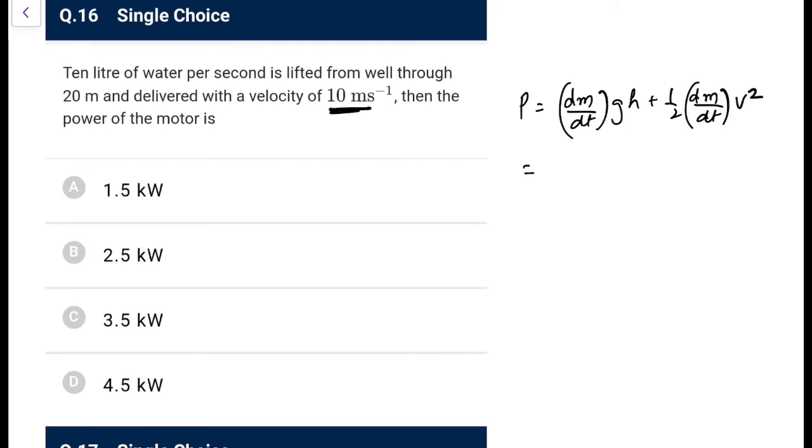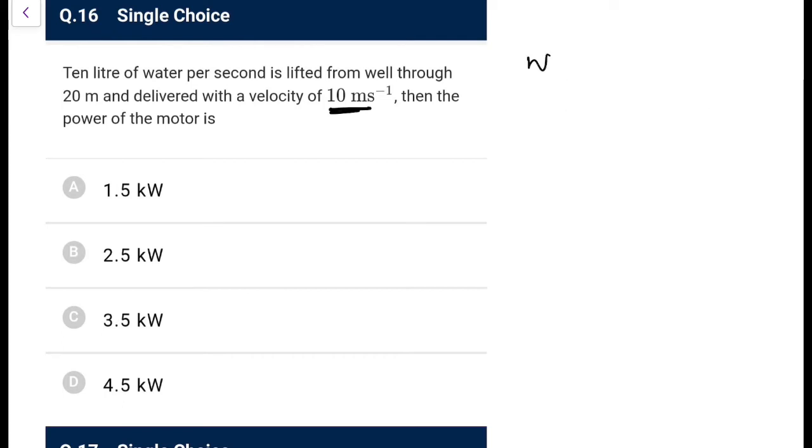So the water is lifted from the well through 20 meters and delivered with a velocity of 10 meter per second. Better not to do it in dm by dt here, because the total mass is given.